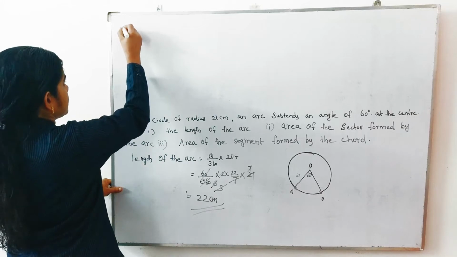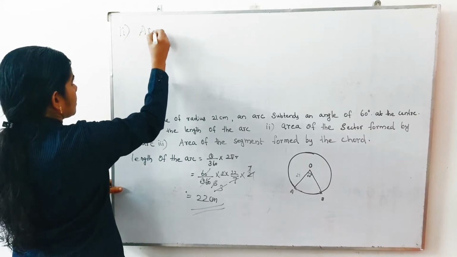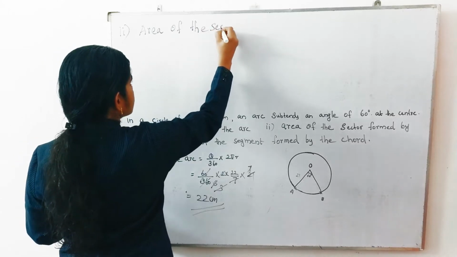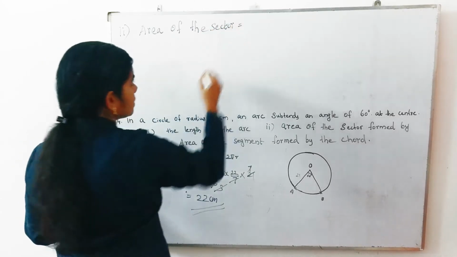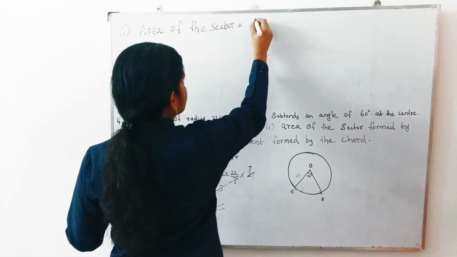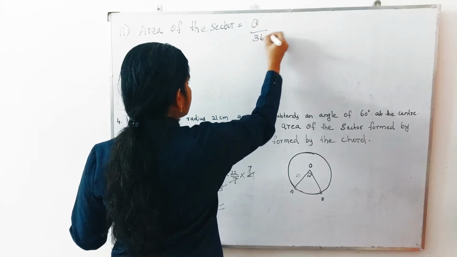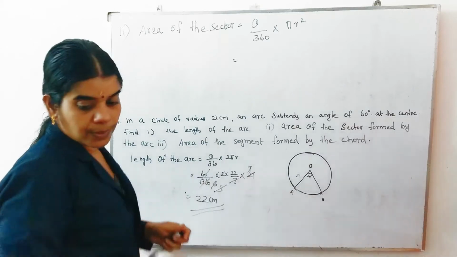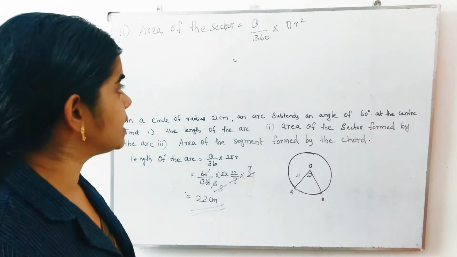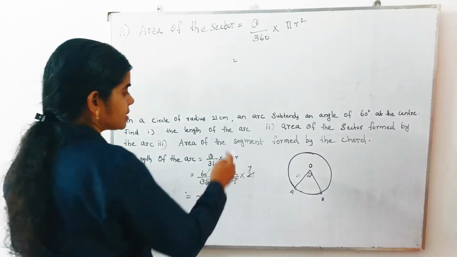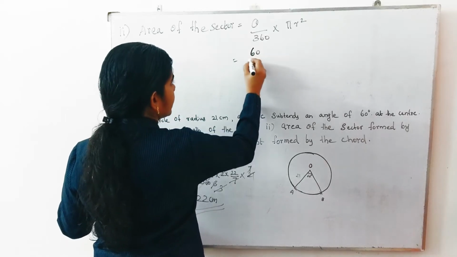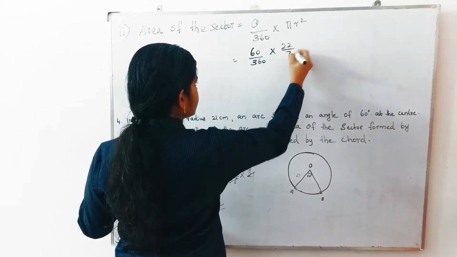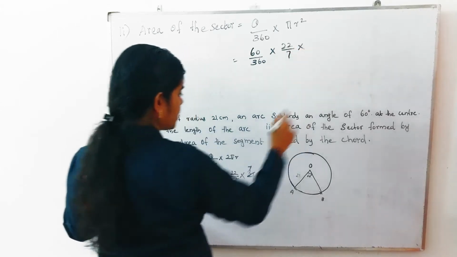Area of the sector is equal to, you already know the formula, theta by 360 into pi r square. Here theta you already know. What is the value of theta? That is 60. 60 divided by 360 into 22 by 7 into r, which means 21.